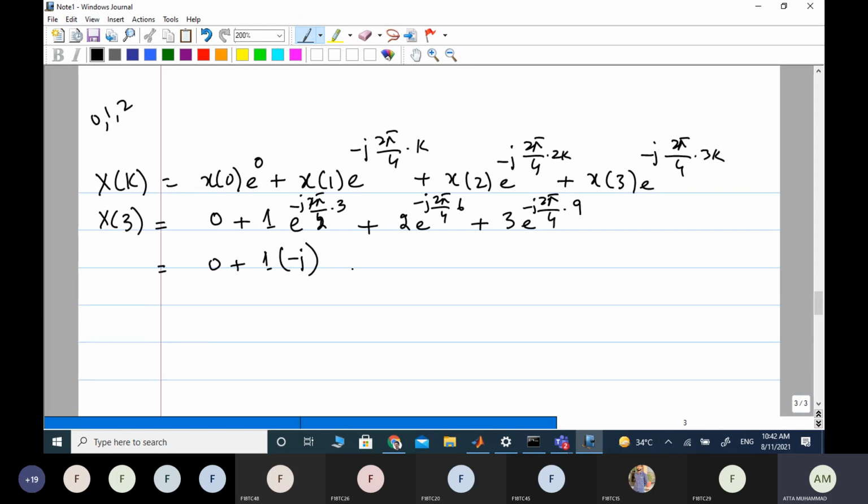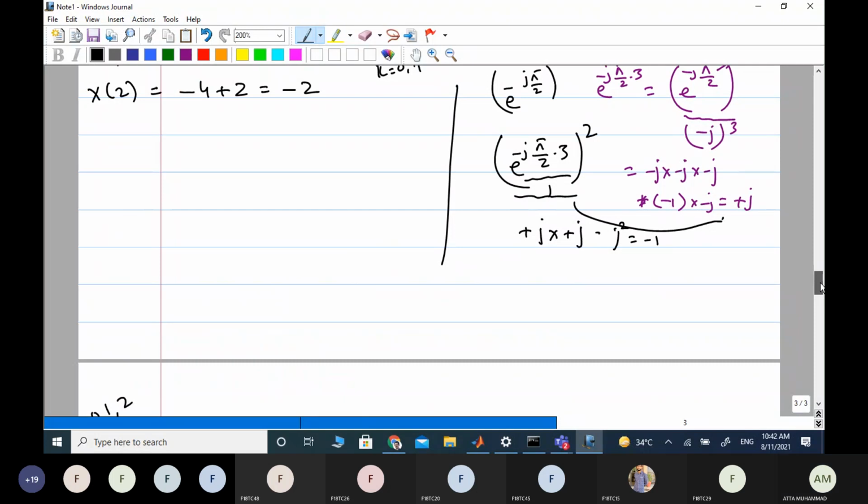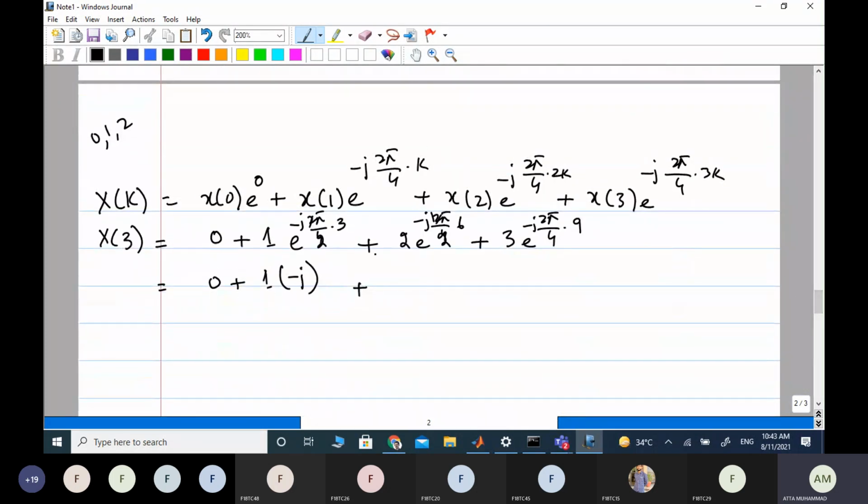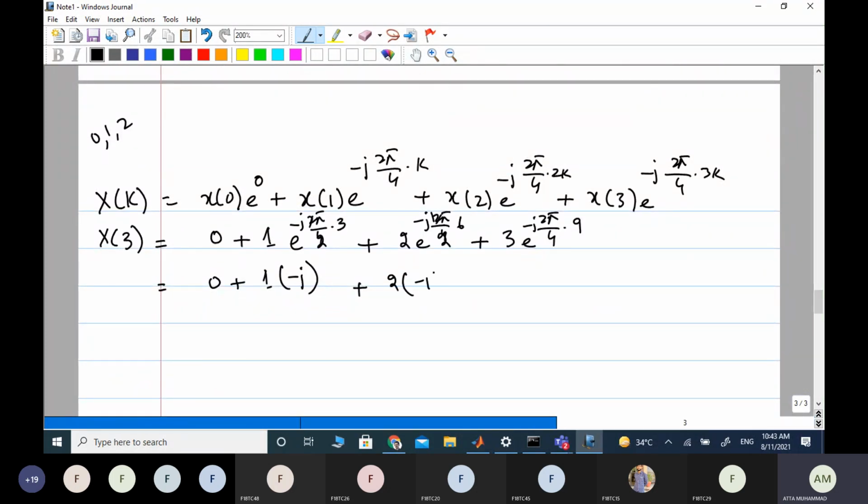Okay, so plus, now we have also computed e to the power minus jπ by 2 whole power 6. What was the result? Let me see. I don't want to compute it again and again. So what was this term? This yields us minus 1, right? So we have 2 multiplied by minus 1 plus 3.